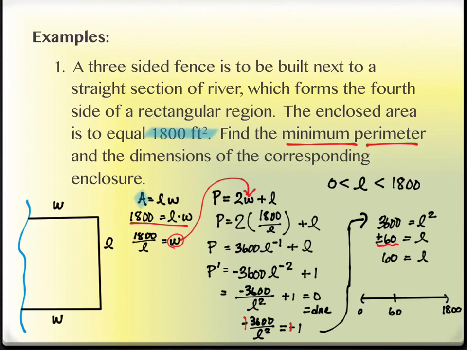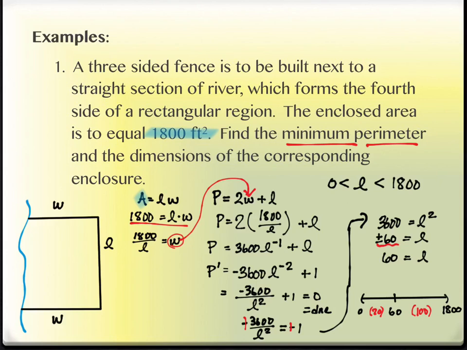What do I do with my sign chart now? Y'all remember? I pick a number between them. So what's a number you might want to pick between 0 and 60? 20, okay. And between 60 and 1800? 100. Fabulous. What are we going to do with the 20 and the 100? We're going to plug them into the derivative. Right.